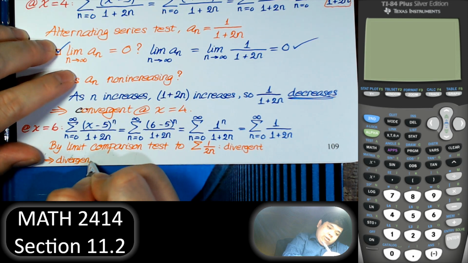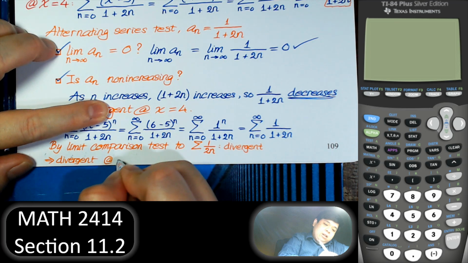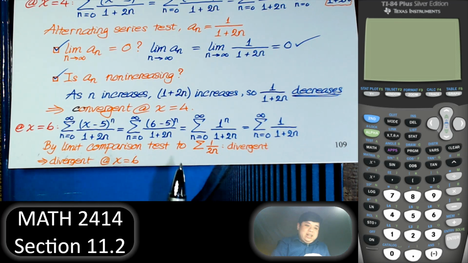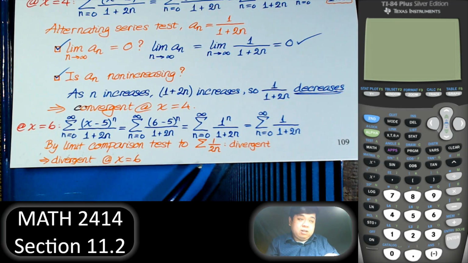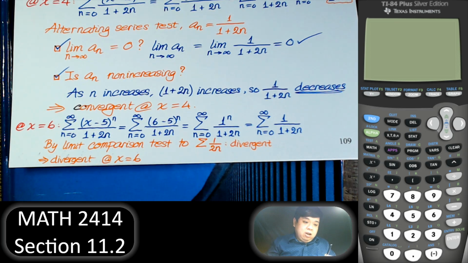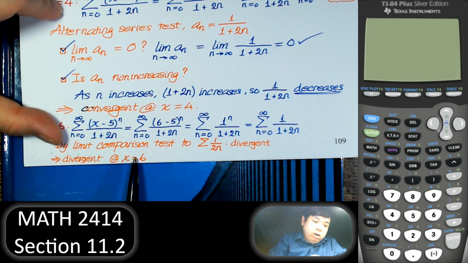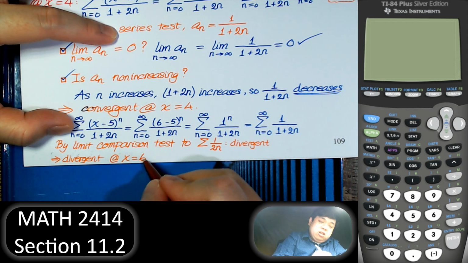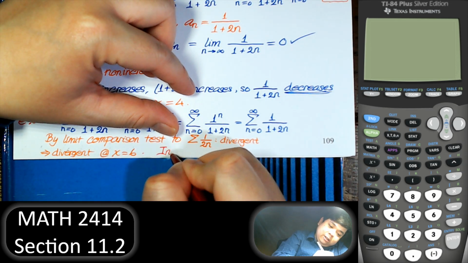So it is divergent at x equal to 6. You need to write more details than that on homework, but it is divergent. So it is convergent at 4 but divergent at 6. So in this case, we say the interval of convergence.